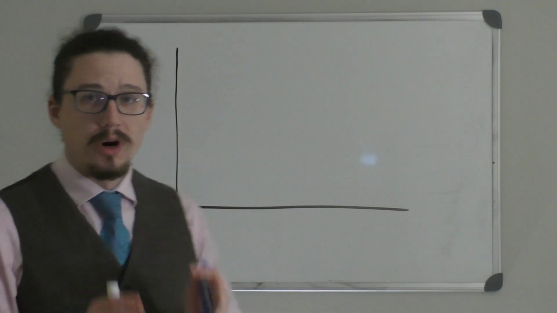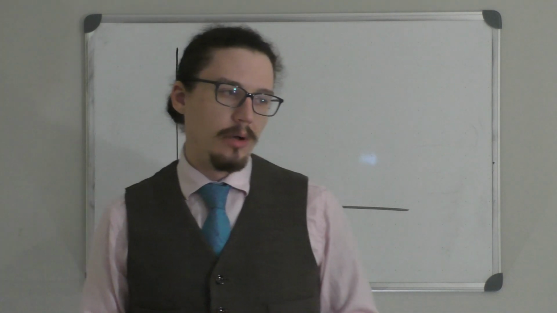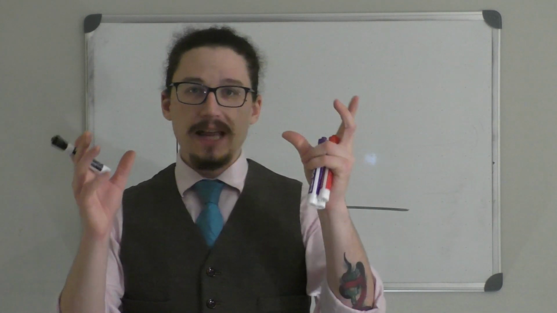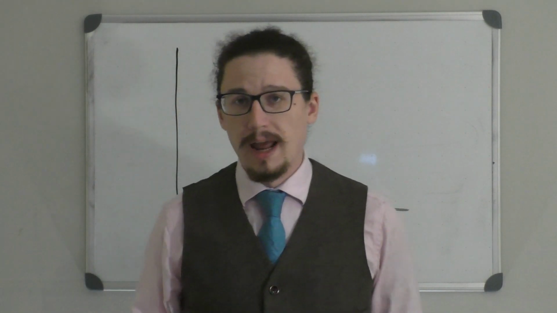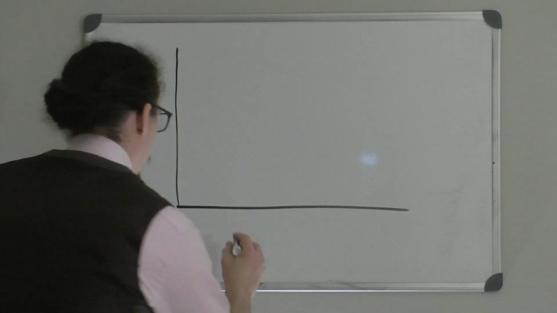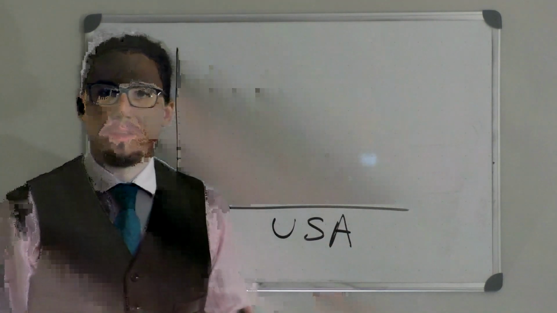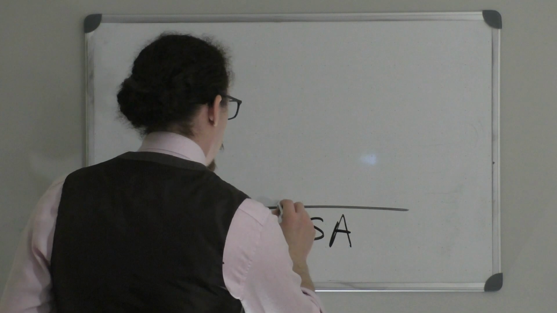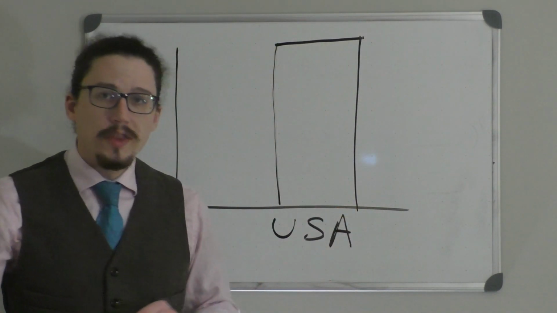So each bar would likely be focused on a single category. One of my favorite examples, and probably the one I'll put up there, is a stacked bar chart showing medals won at the Olympics. So I'm just going to make this really big.